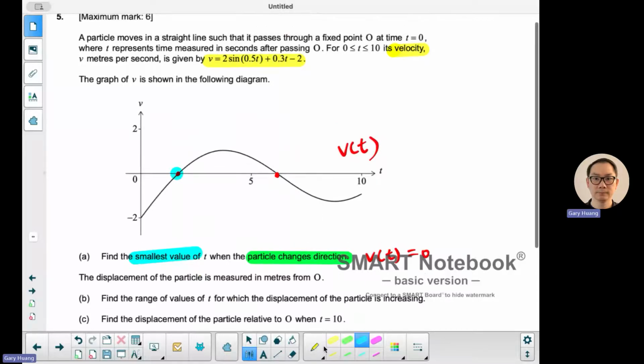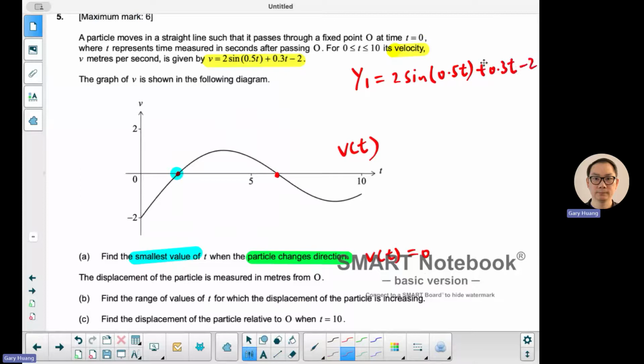Now, this being a paper 2, I'm going to use my graphing calculator, right? You're going to find this. You can type it in y1, 2 sine 0.5t plus 0.3t minus 2. Again, make sure your mode is in radians. And you can find this x-intercept.